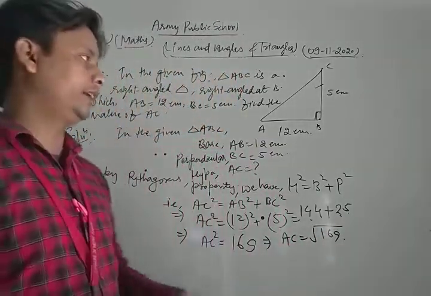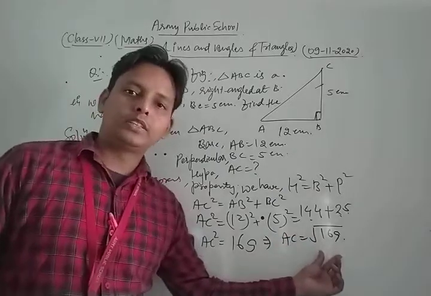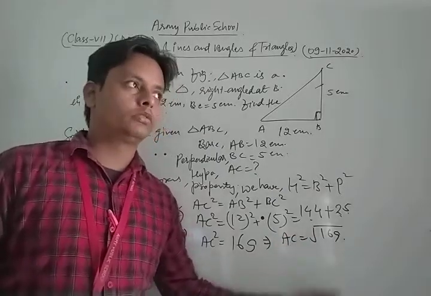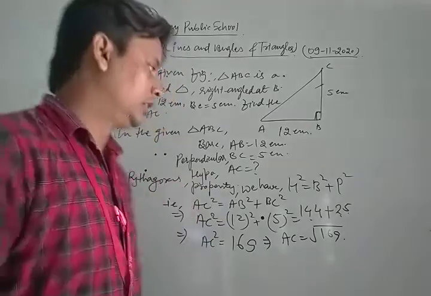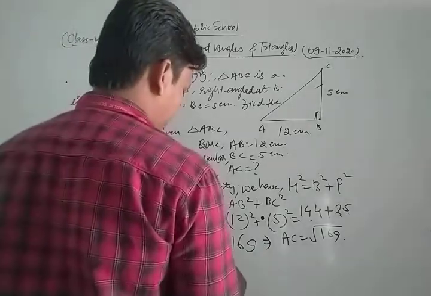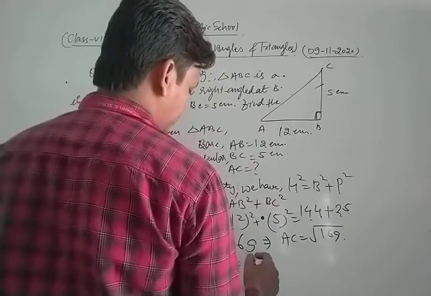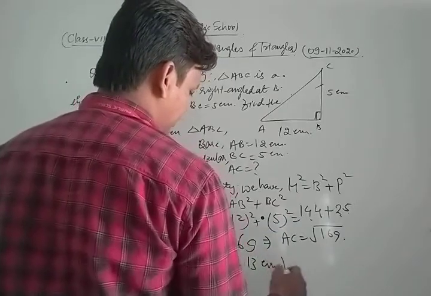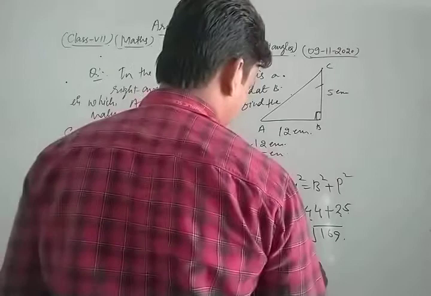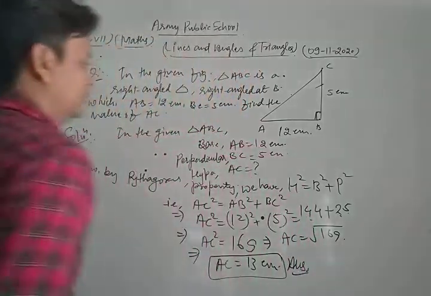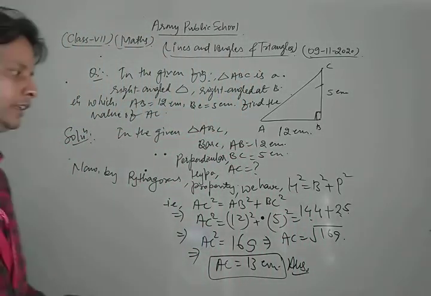And dear student, you know that the square root of 169 is 13. Thus the value of its hypotenuse AC is 13 centimeter. This is our final answer.